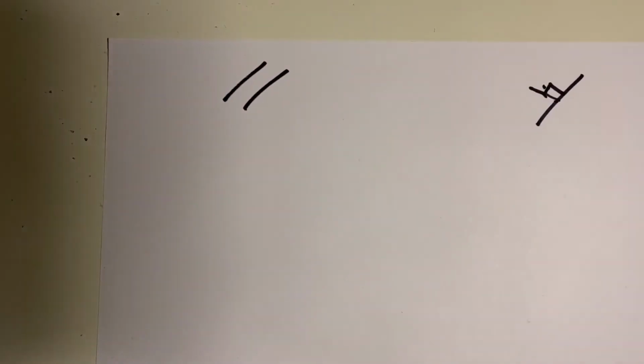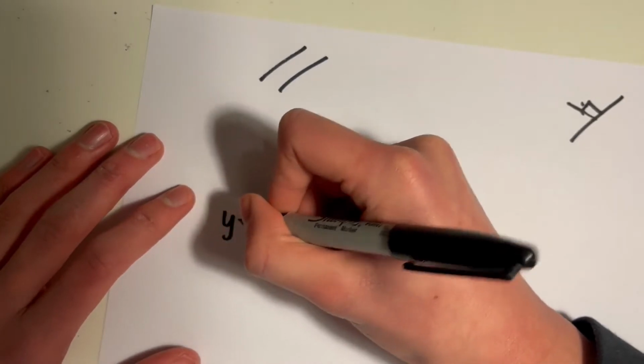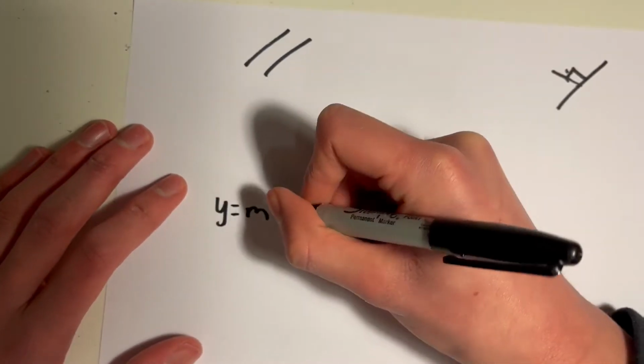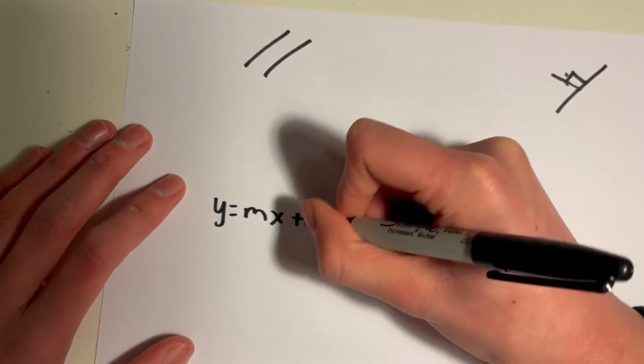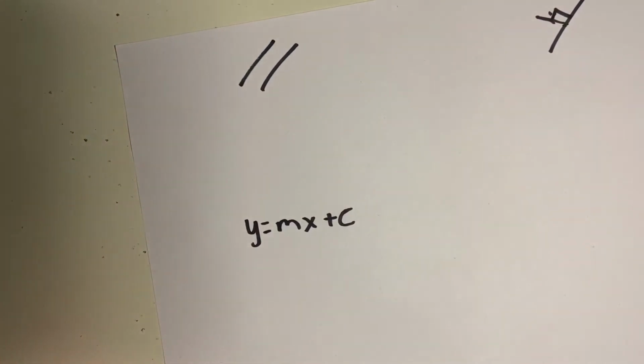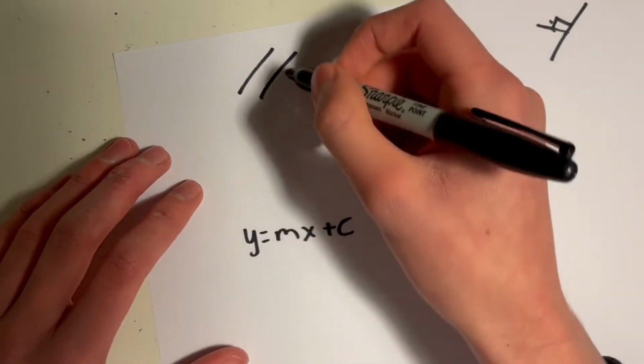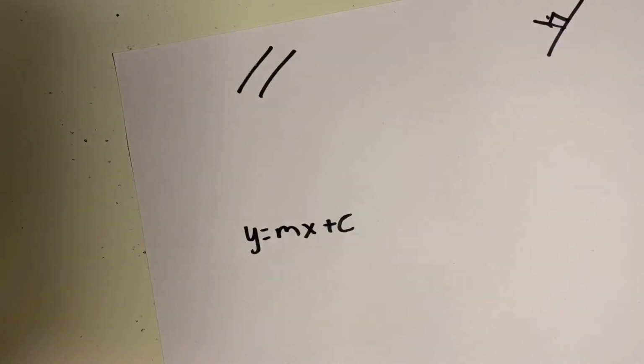What's true about a parallel line? Well, these two lines have the same gradient. So if you think straight lines, y equals mx plus c, these lines both go up at the same rate or down at the same rate. Because if, say, the gradient of this one's 1 and this one's 0.1, eventually they would intersect.